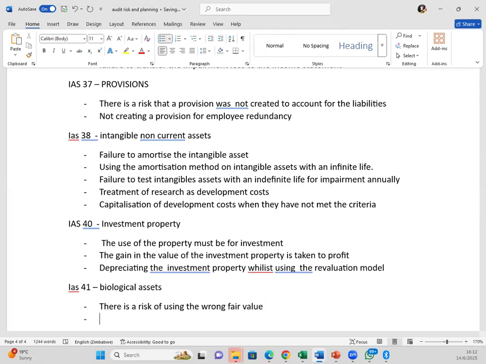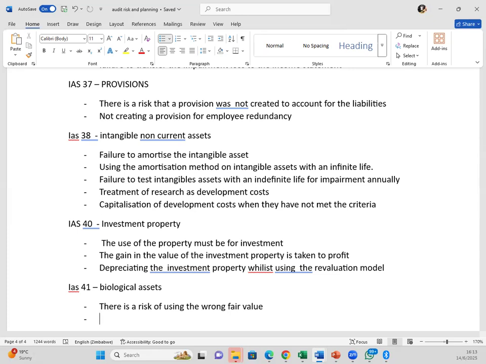There is also a risk of classification. For a biological asset, you need to separate a biological asset from a bearer plant. A bearer plant is a plant that produces fruits for more than 1 year.